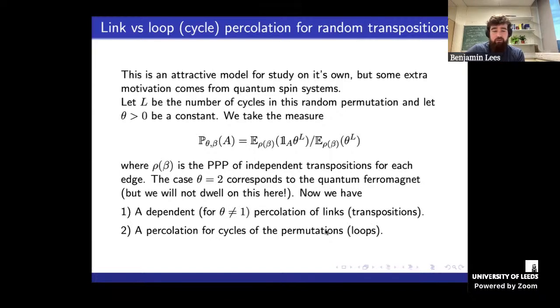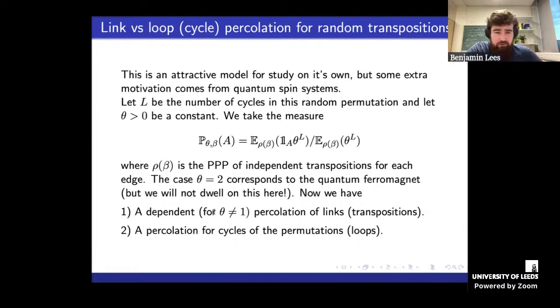So again, to reiterate the question, we have a dependent percolation of links, these transpositions, and we can ask whether that percolates. And sitting on top of these clusters of edges that have at least one transposition, we have cycles or loops, and we can ask whether there are long loops.